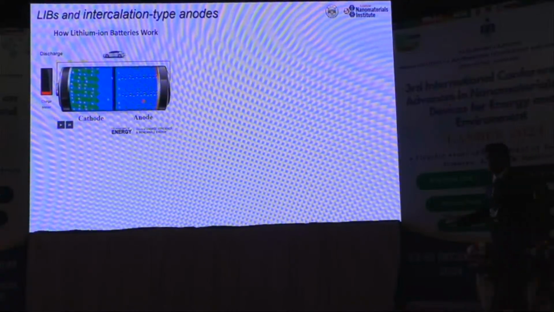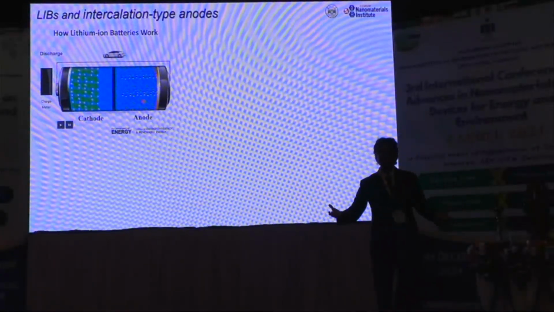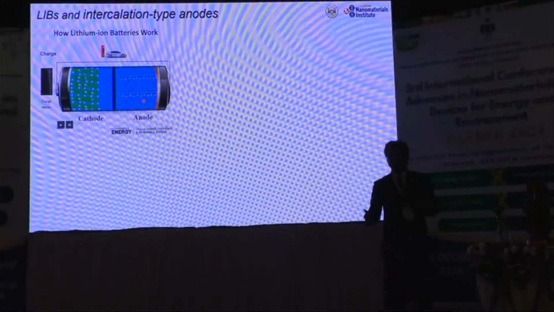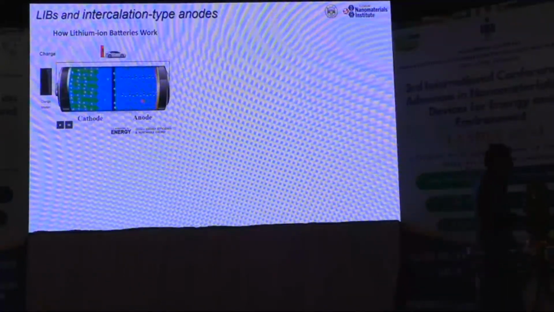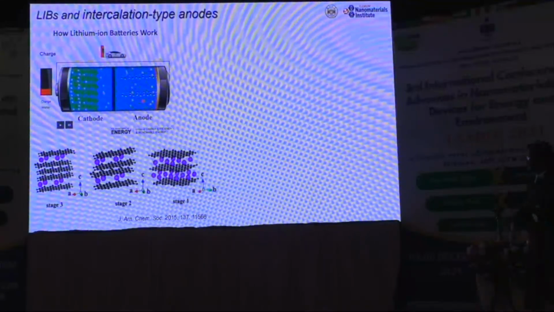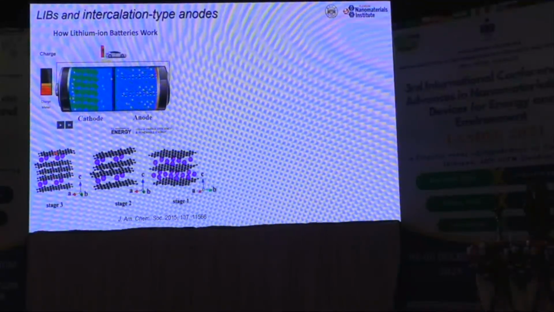And of course, electric vehicles, all of you know, need overnight charging, right? You have to plug it in, and you can use it the next day. So why is that? The reason is because we are using graphite, and graphite is a layered material, as you can see here.